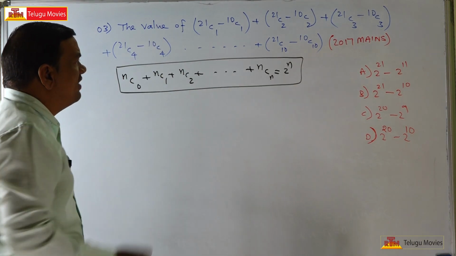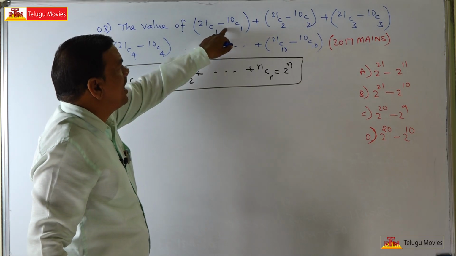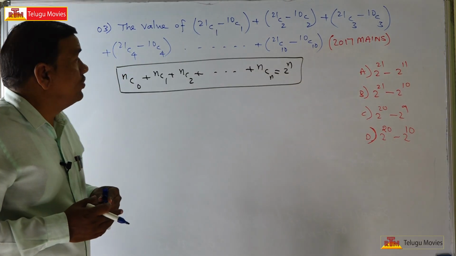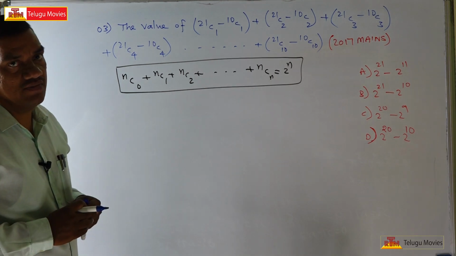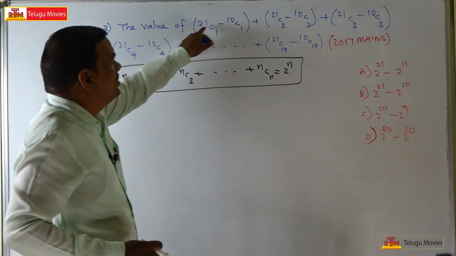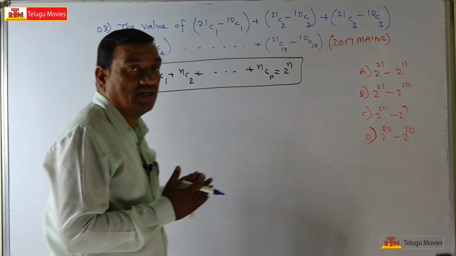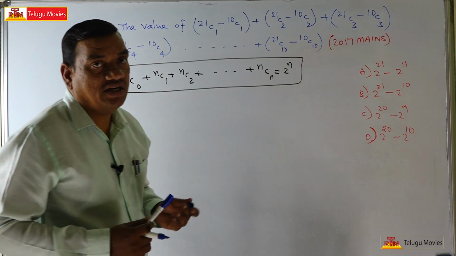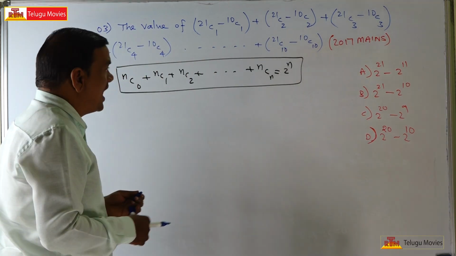Okay now. So the given problem is 21C1 minus 10C1. Observe here, 21C0 is not there. So I will do one thing. All 21 terms I will write in one bracket, and all the 10C1, 10C2, 10C3 terms I will write in another bracket.